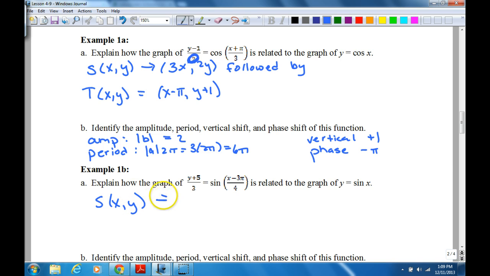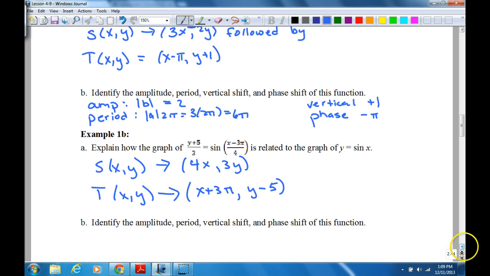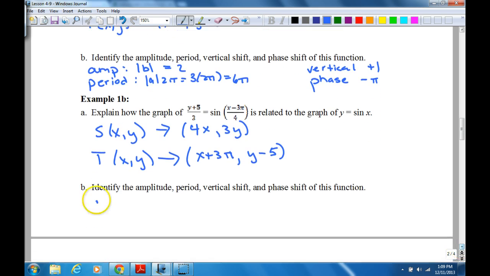Okay, so what is my scale change on this? 4x, 3y. And what is my translation shift? Yep, x plus 3 pi and y minus 5. Okay, so taking that information, what is our amplitude in this one?